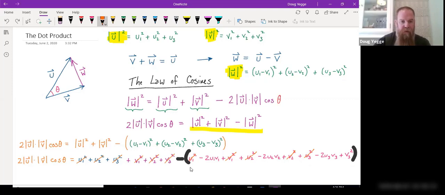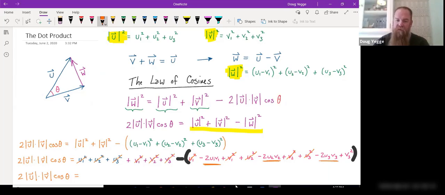So let's rewrite what we have. We have 2 times the magnitude of u times the magnitude of v times cosine of theta equals, and now all that's left is 2 u1 v1, 2 u2 v2, and 2 u3 v3.